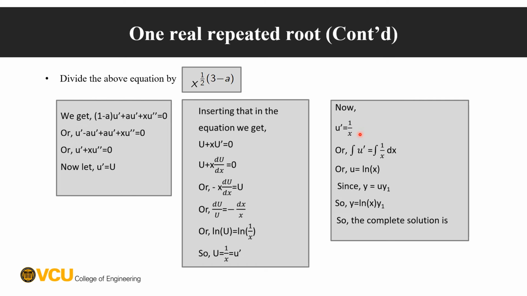So if we integrate it again, we receive something like this: u equals ln x. And since another root was y equals u y1, we plug the u value in this equation and we get this. So our complete solution will be y equals c1 x to the power m plus c2 x to the power m ln x.